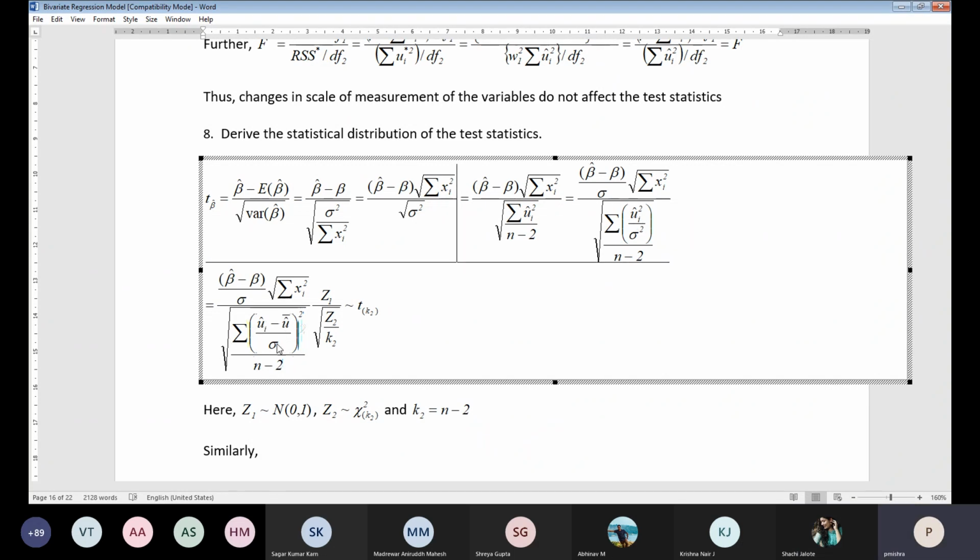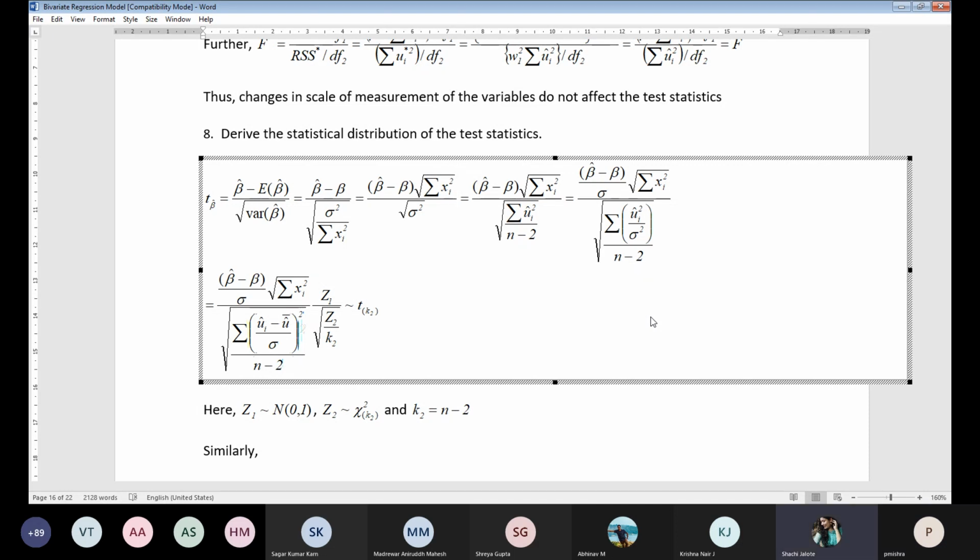Now, u hat i is a linear combination of normal variables, right? What is u hat i? Yi minus alpha hat minus beta hat xi. Am I right? Yes, sir. And this linear combination of normal variables is also a normal variable, isn't it?